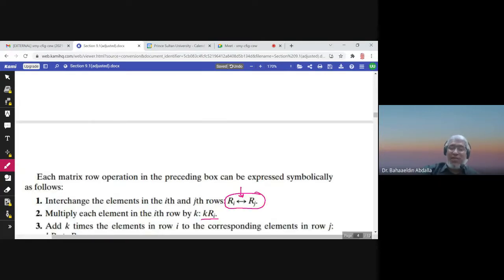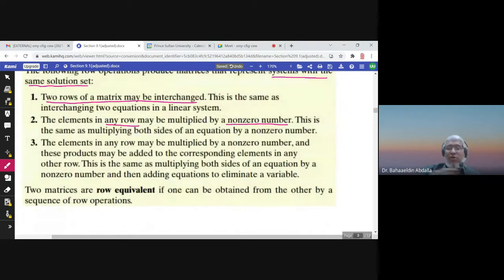What is the third possible row operation? I can choose a row, multiply the elements of this row by a non-zero number, and then add the products to the corresponding elements in another row. This operation does not change the solution of the system.